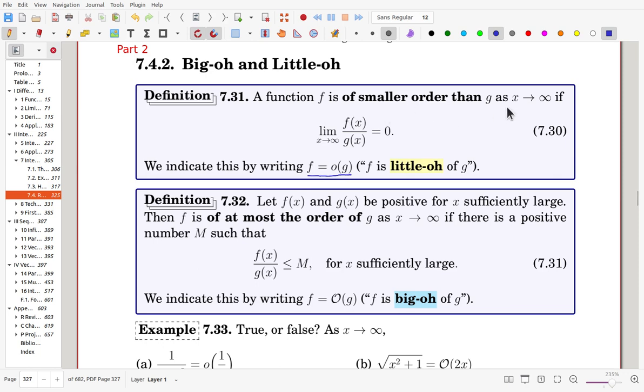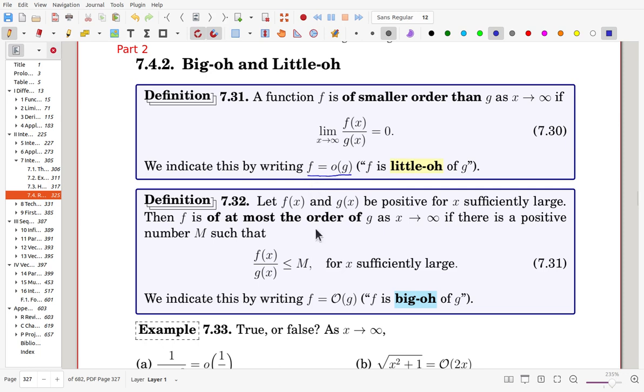You may consider f and g as polynomials, so that once g has larger degree, larger order, then as x approaches infinity, g will grow faster, so the ratio will become 0. That condition can be expressed by using f is little o of g.